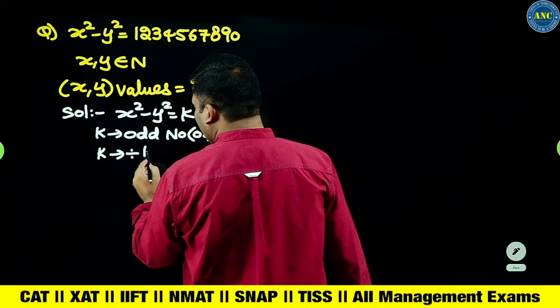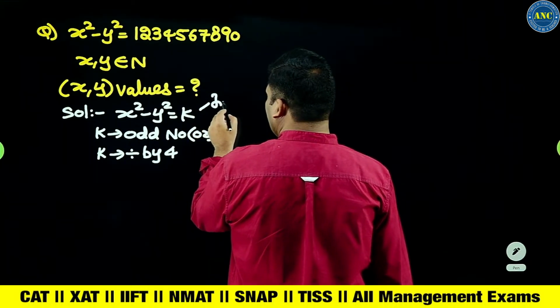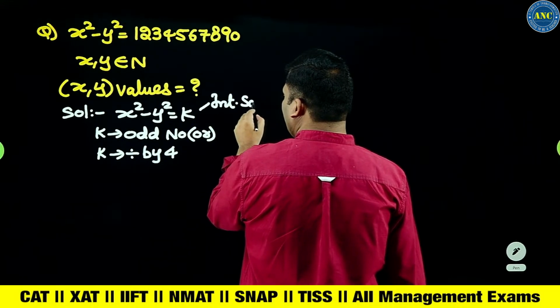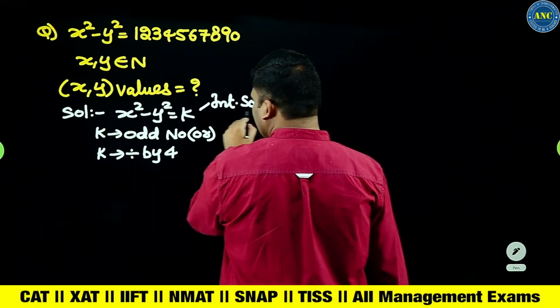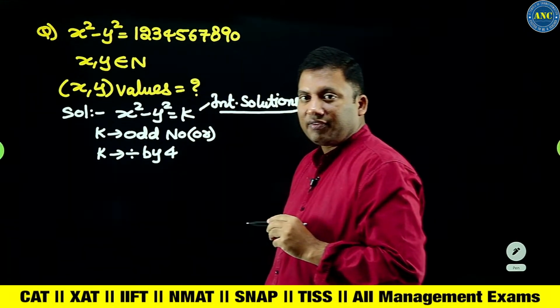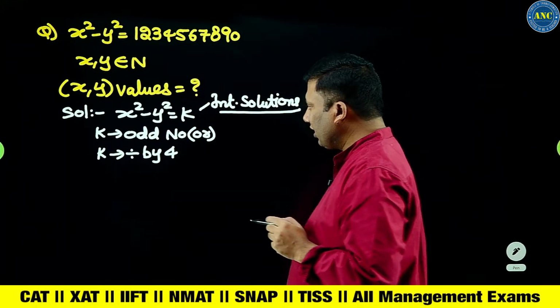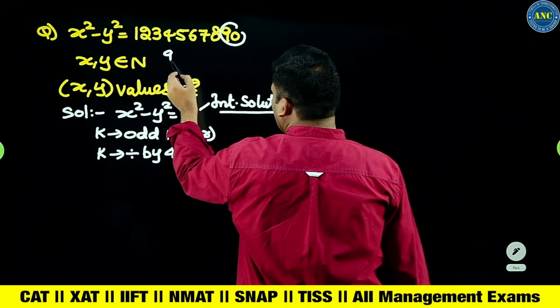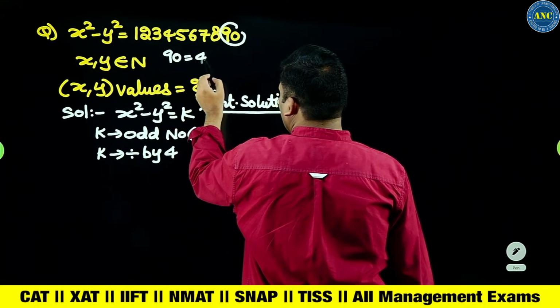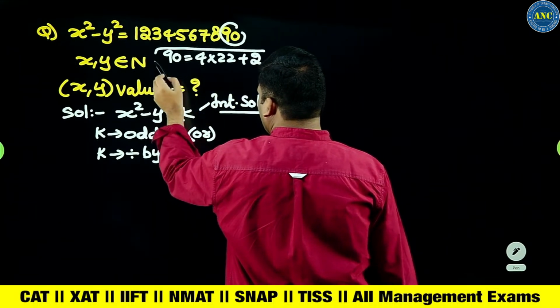What do you mean by integral solution? X and y take integers which satisfy left hand side equal to right hand side. But here k must be divisible by 4. 90 is 4 into 22 plus 2. 90 is not divisible by 4.